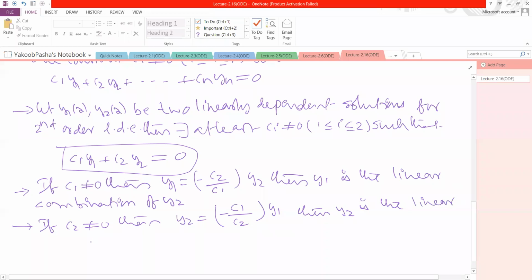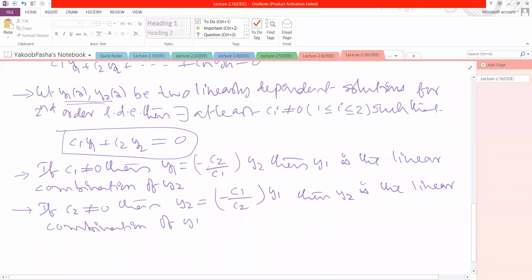That means if two solutions are linearly dependent, then one is a linear combination of the other.